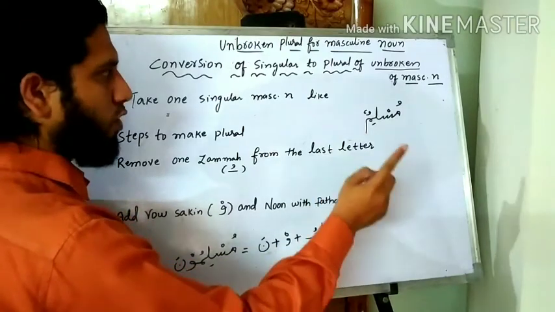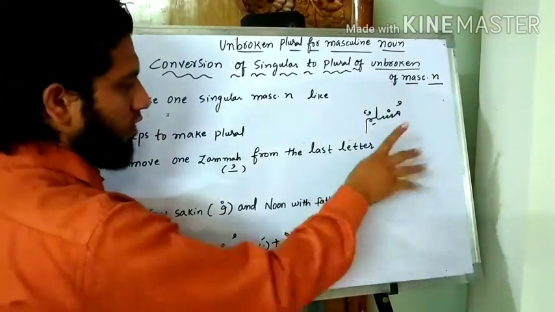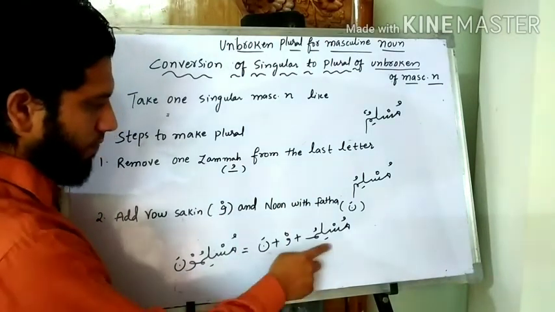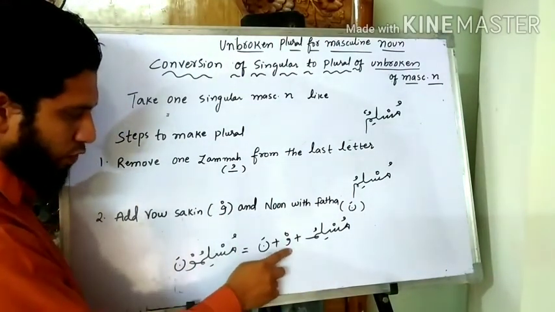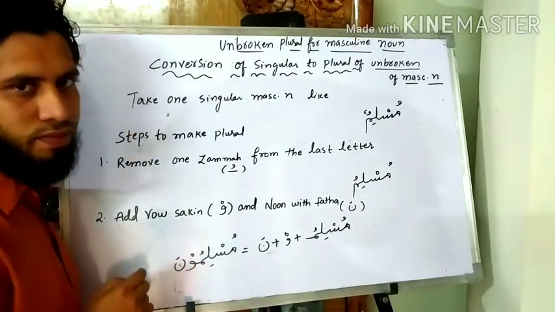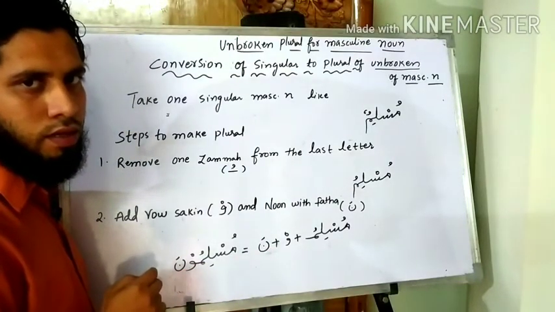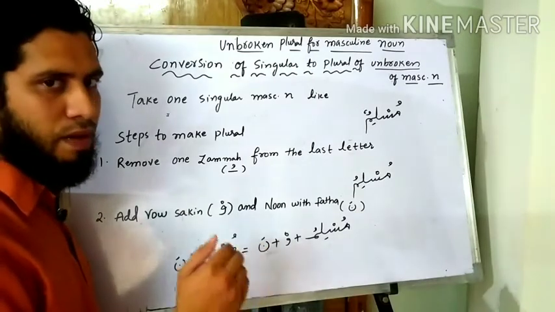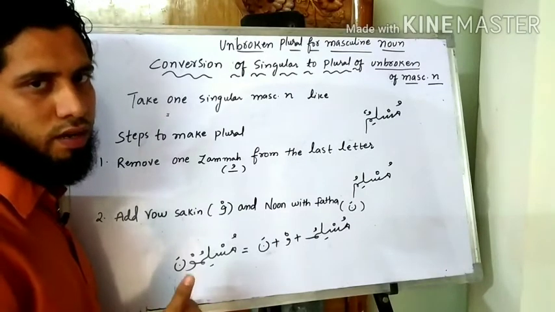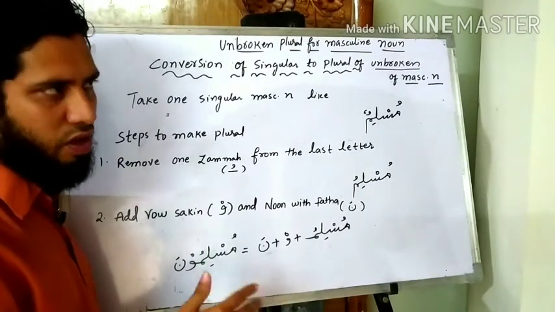First we removed one damma, then we add waw sakin and noon with fatha. So Muslimu plus waw sakin plus noon fatha becomes Muslimuna. Muslimun becomes Muslimuna, plural Muslims, more than two: three, four, many.